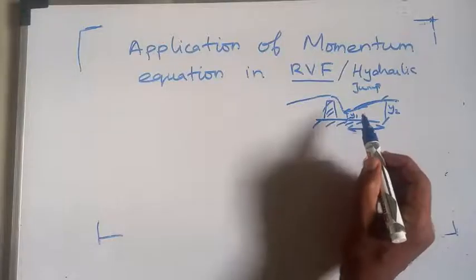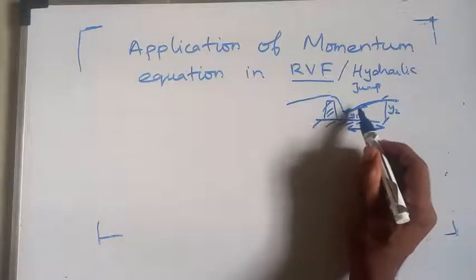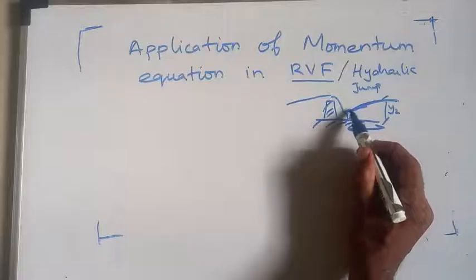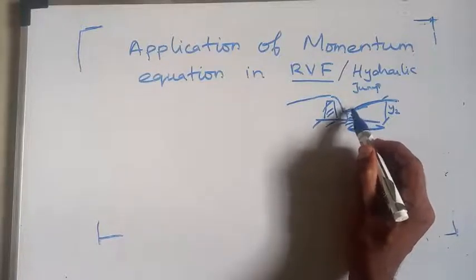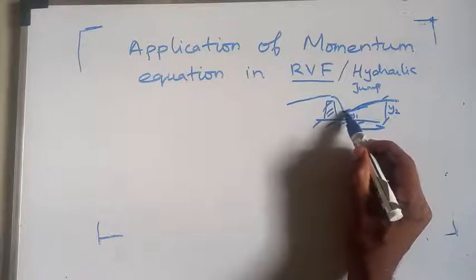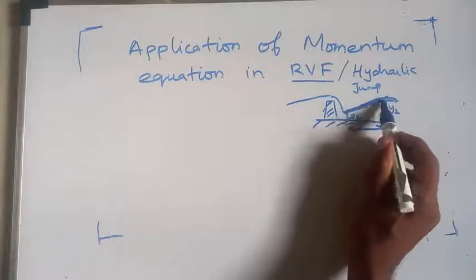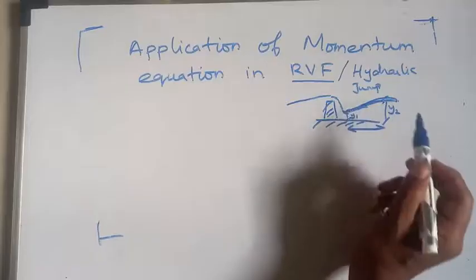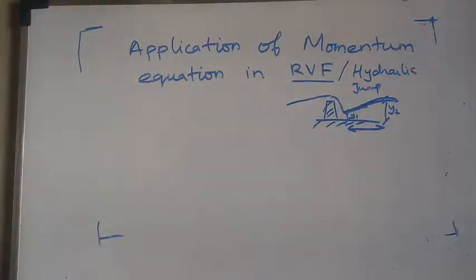If you see at the outlet of a dam, you can see there will be a lot of eddies. There are a lot of eddies, whirls and currents formed at this exit point. Because of that, there will be a huge energy loss, head loss will happen.